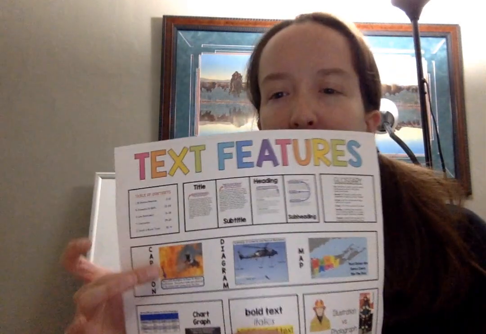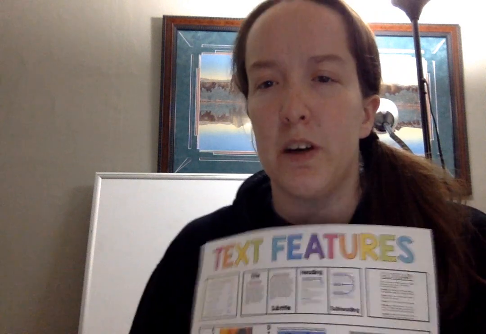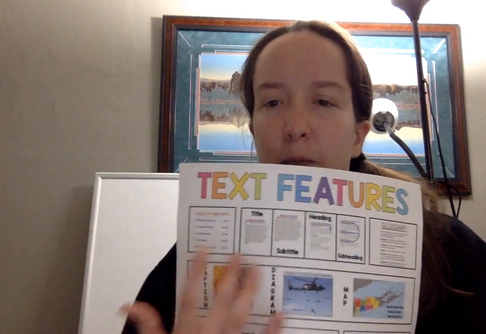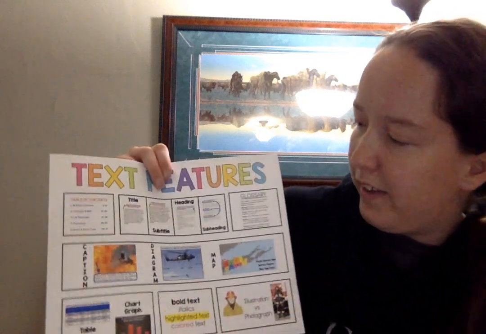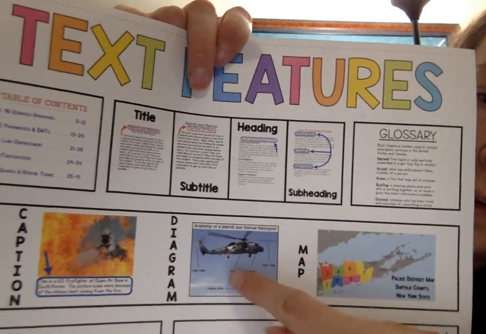And then the next one down here, what's that? It's a caption. Where does a caption go? A caption goes underneath or on the side of a picture, somewhere in a word text box. And then a diagram has little words, and it marks where things are.